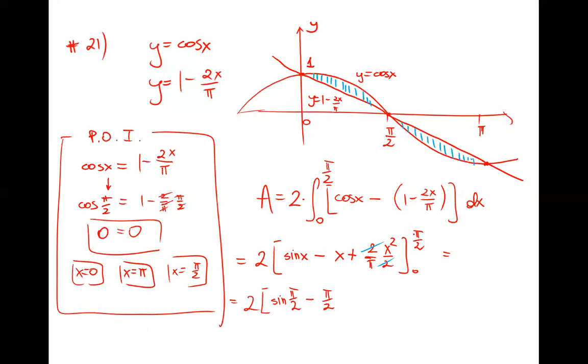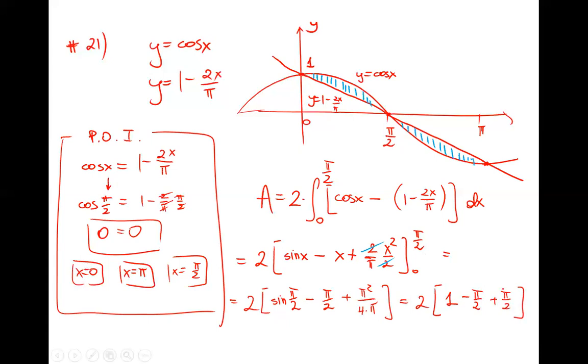If I substitute pi over 2 squared, I will have pi squared over 4 and another pi from the denominator. And then 0 will give me 0. This will be pi over 2, and this one is pi over 2 also.